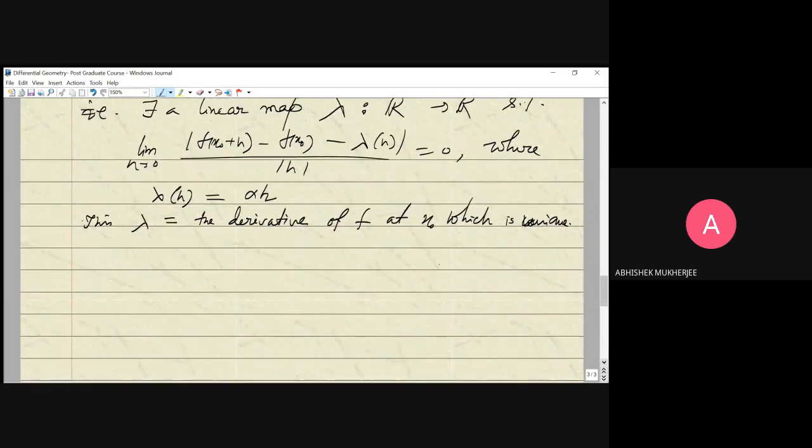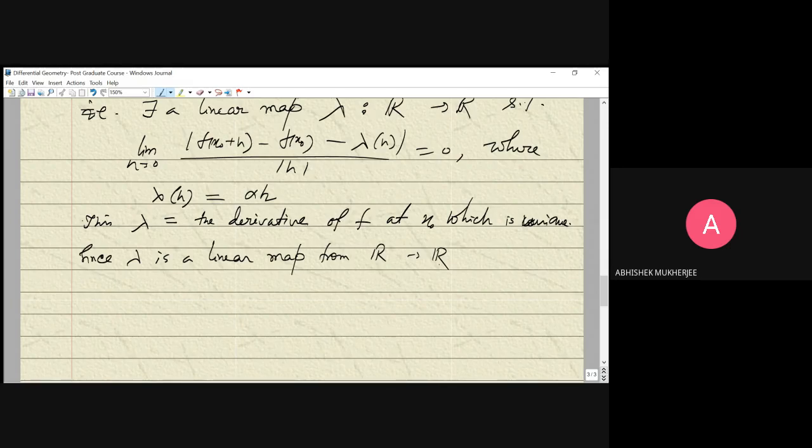And since lambda is a linear map from R to R, right? Then what is the representation of lambda in terms of matrices? Then lambda will be a 1-1 matrix, right?